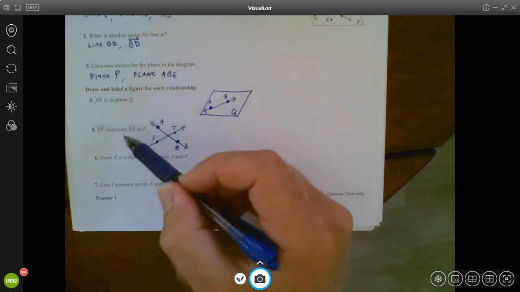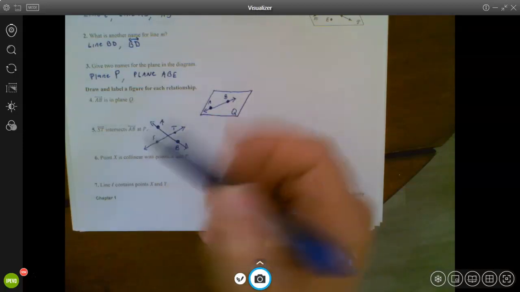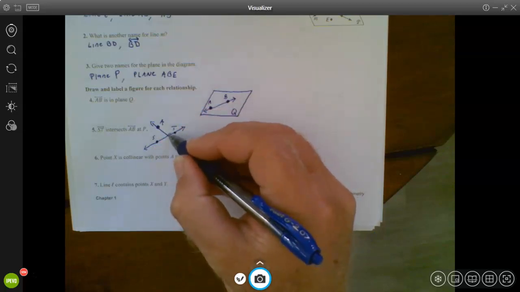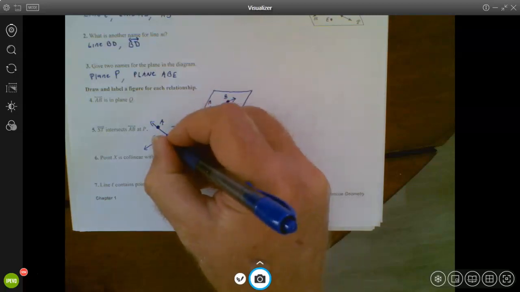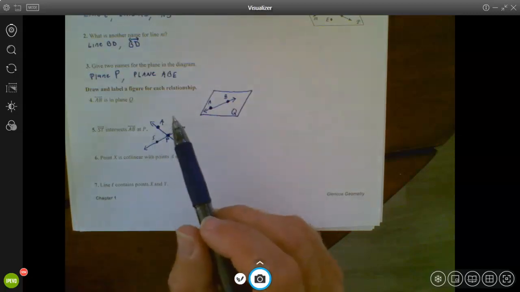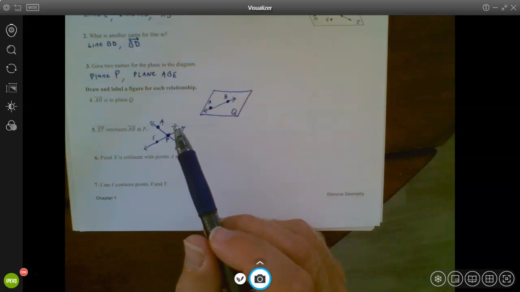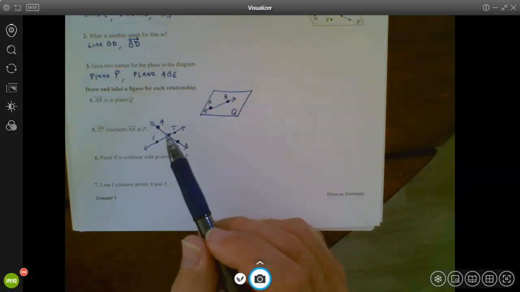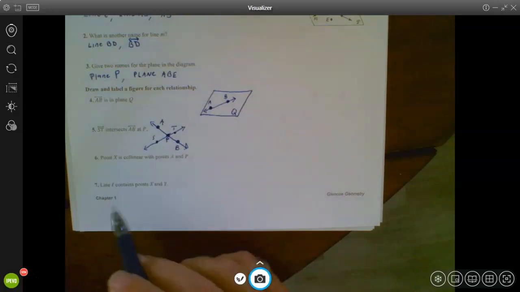And it says that they intersect at point P. So this point of intersection right here where the 2 lines meet, they want us to call point P. So we're going to label that just like that. So that would fit. So one of the things that does come up early on here is we talk about what happens when 2 objects intersect each other. So if it's 2 lines that intersect, we should know that they always intersect at a point. All right, so anytime 2 lines intersect, they intersect at a point.